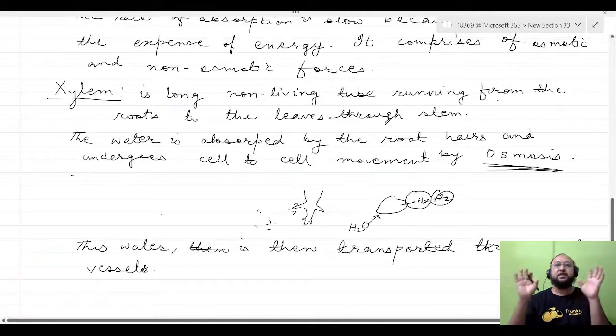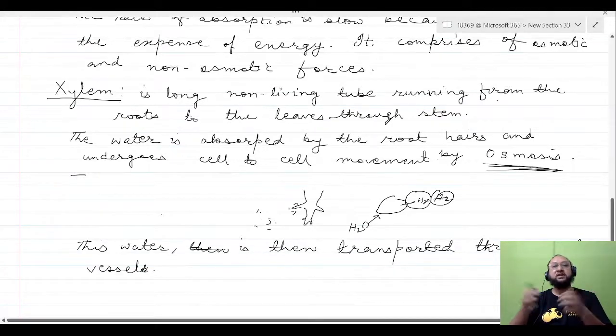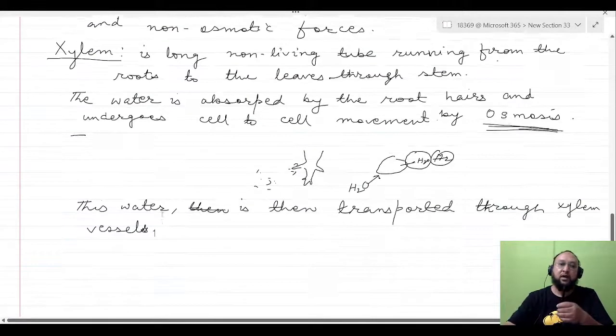This is how the xylem plays an important role, because the function of the root hair cells is only to absorb water and pass it on to the xylem vessels or xylem tissue.